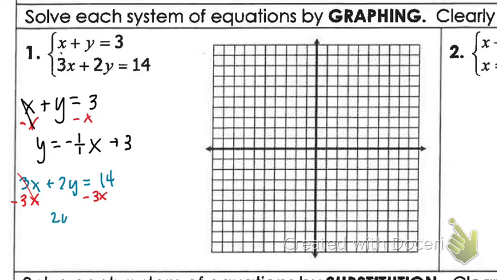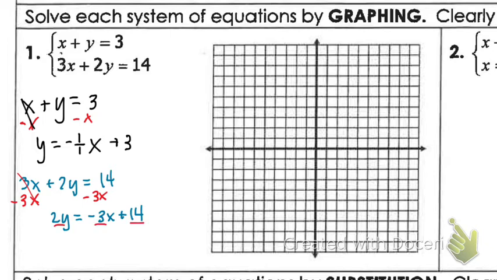So we have 2y. To be in slope-intercept form, we want the x to come before the number at the end. So just put negative 3x in front, and then your 14. And then we want y all the way by itself, so what do we do with the 2? Divide.